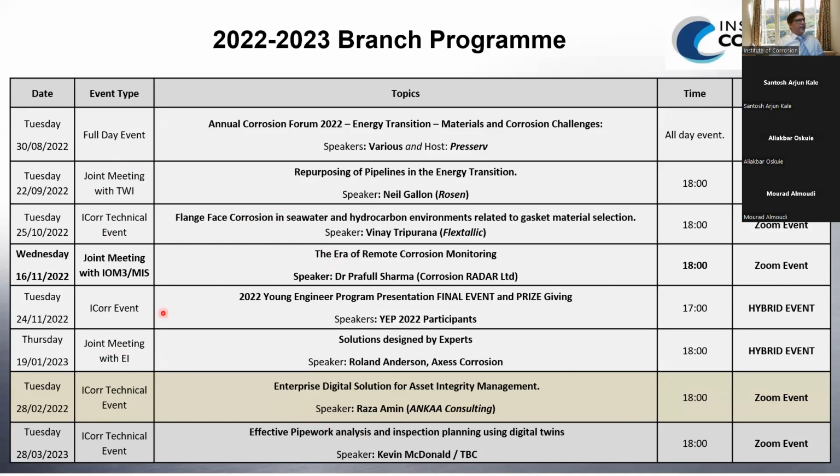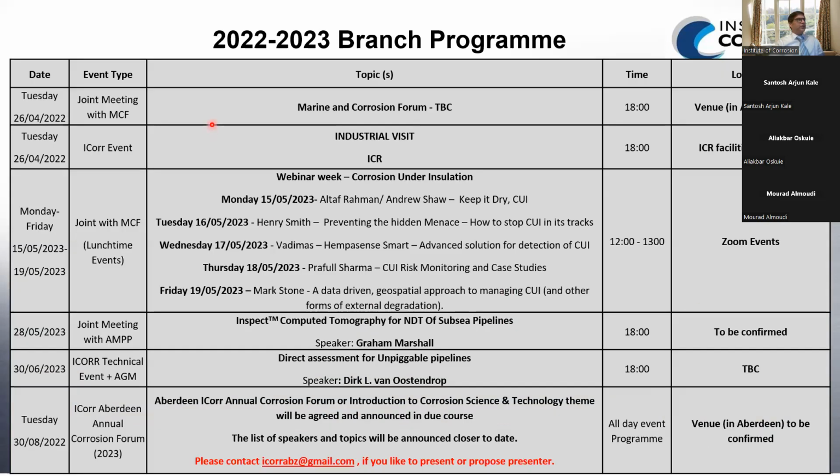We had a very good program on the Young Engineer program for 2022, which was a very, very successful event, and 5 of the winners are going to the NACE annual conference, hopefully soon. Coming up, quite a few interesting topics. We have got 1 full week of CUI related presentations. We have got an industrial visit. We have got quite a few good topics coming up, hopefully soon.